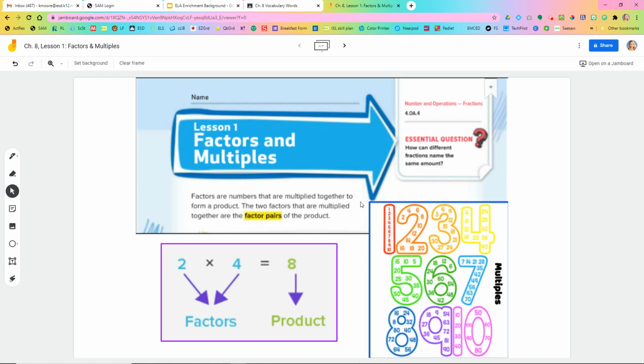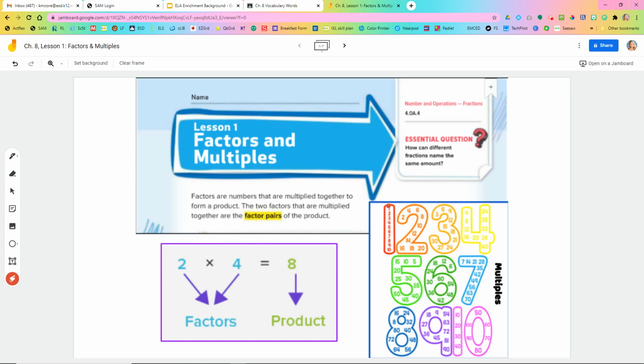But today we started out talking about factors and multiples, and this isn't anything new. We learned that factors are the two numbers that we multiply together way back in our multiplication chapter, like 4 or 5 chapters ago. We know that the product is the answer, but we want to focus not on the product, but on factors, the two numbers that I multiply together, and multiples.